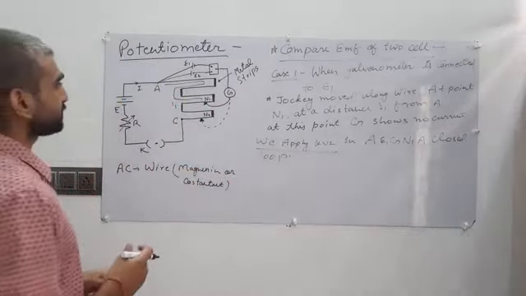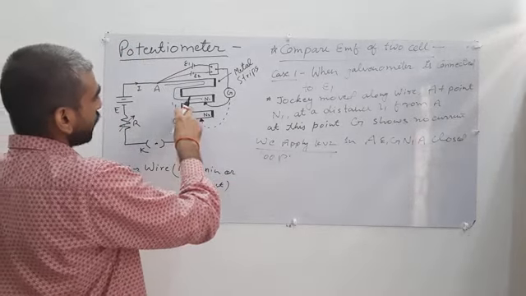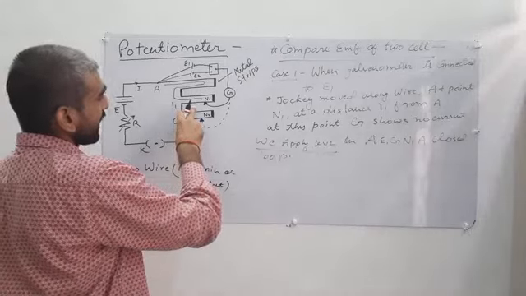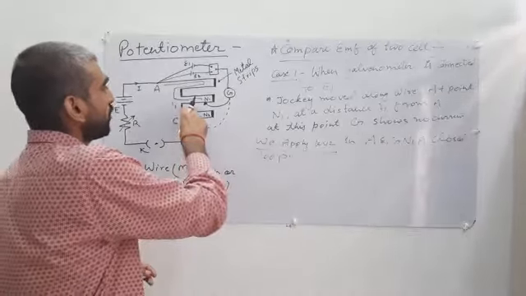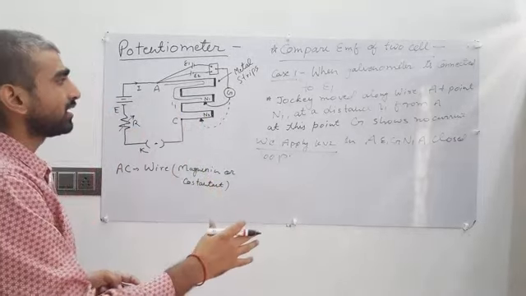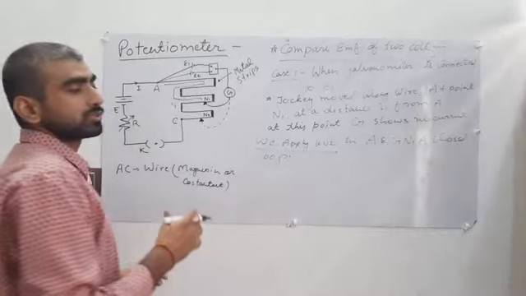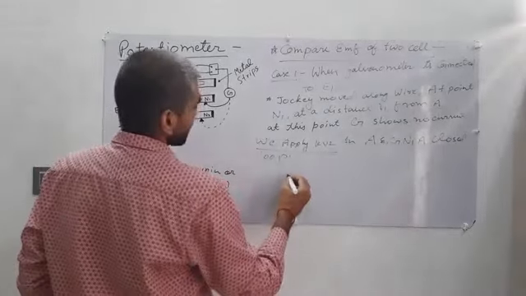The voltage drop here is KL1, since the voltage drop at any point is K times the length, and here the length is L1.